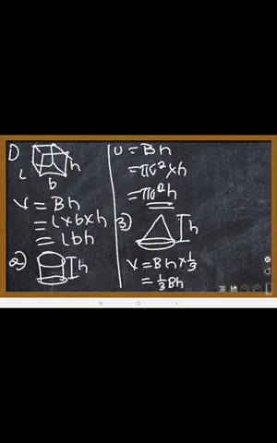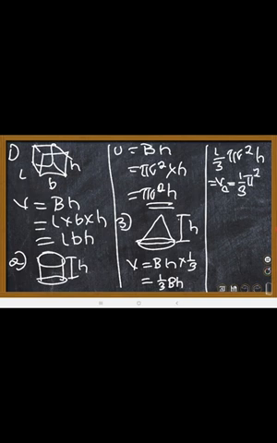The base is a circle, of course, so you have the volume to be 1/3 base area, pi r square h. So the volume of a cone is 1 over 3 pi r square h. Number 4, a square base pyramid. I'm not going to draw that, I will only state the following.